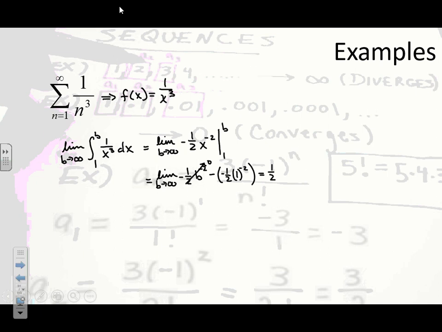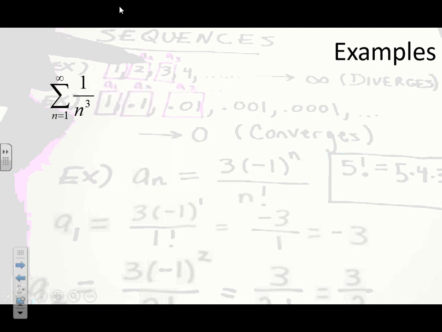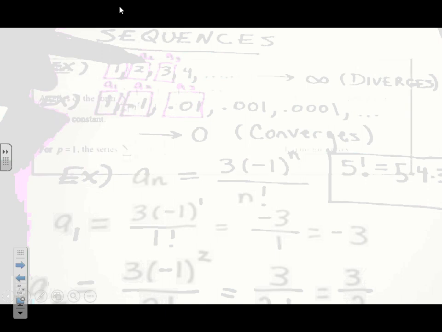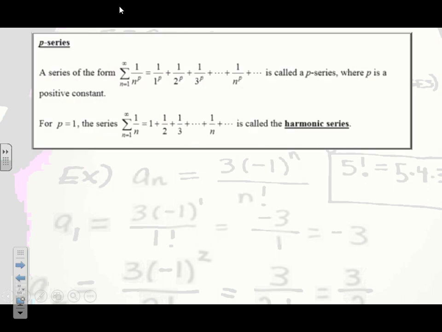All right, now, keep this example in mind. This 1 over n cubed, we said converged by the integral test. What we're going to talk about next is what's known as a p-series. A p-series is any series of the form sigma from n equals 1 to infinity of 1 over n raised to the p.